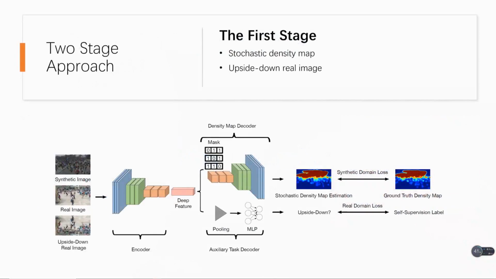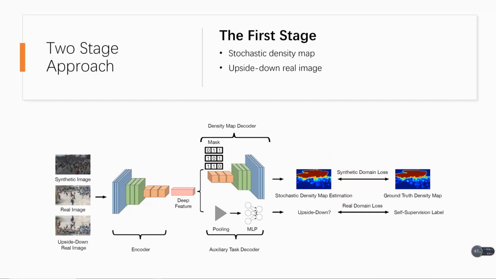In the first stage, we generate a stochastic density map, that is, maps with uncertainty attached to them, instead of the more traditional deterministic one. How do we achieve this? We add a mask in the network which drops different channels in different iterations.